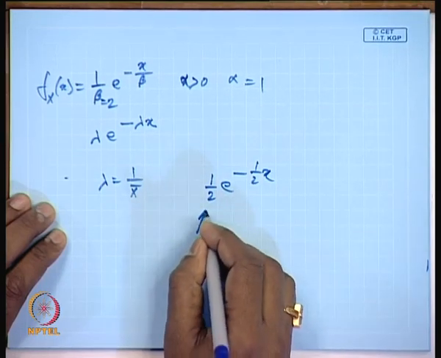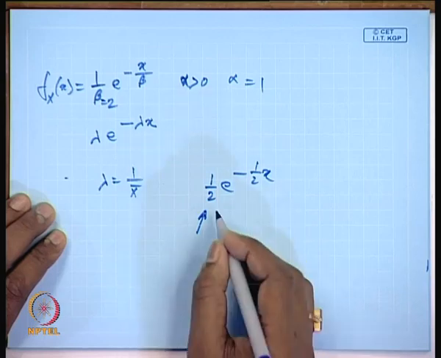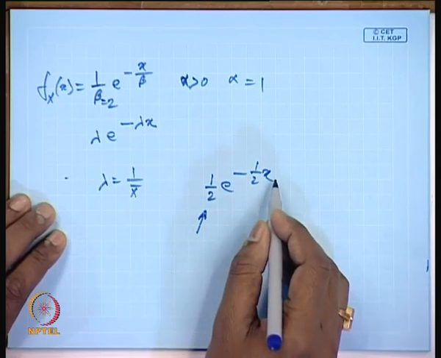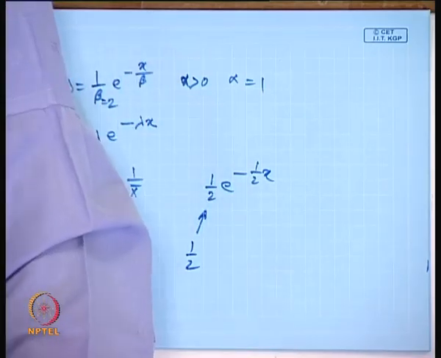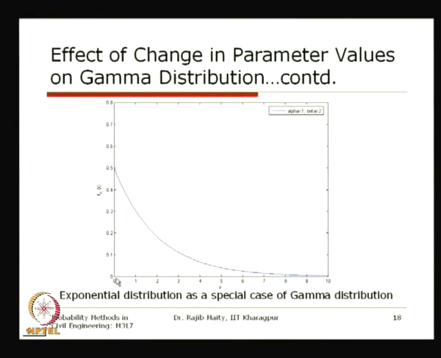At x equals 0 the value is 1 by 2, and in this plot you can see it starts exactly from 0.5. If we change beta, the starting point of the density will change, but the shape will be the same as the exponential distribution as long as alpha equals 1.